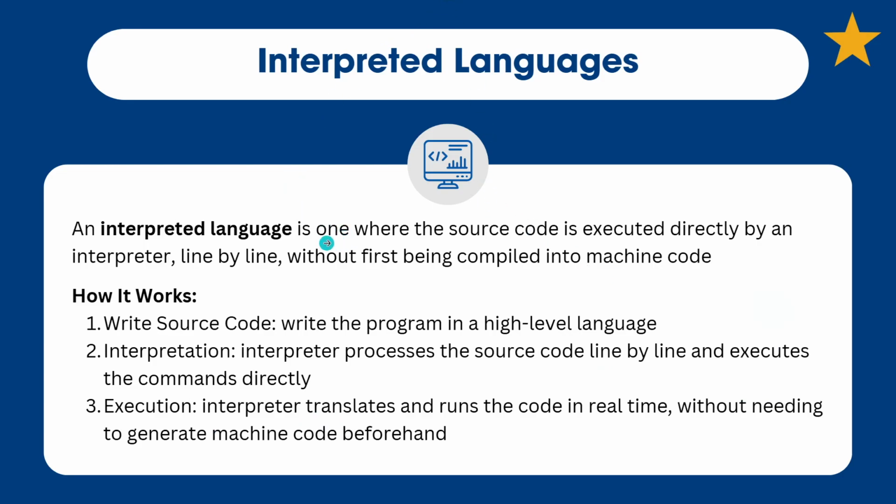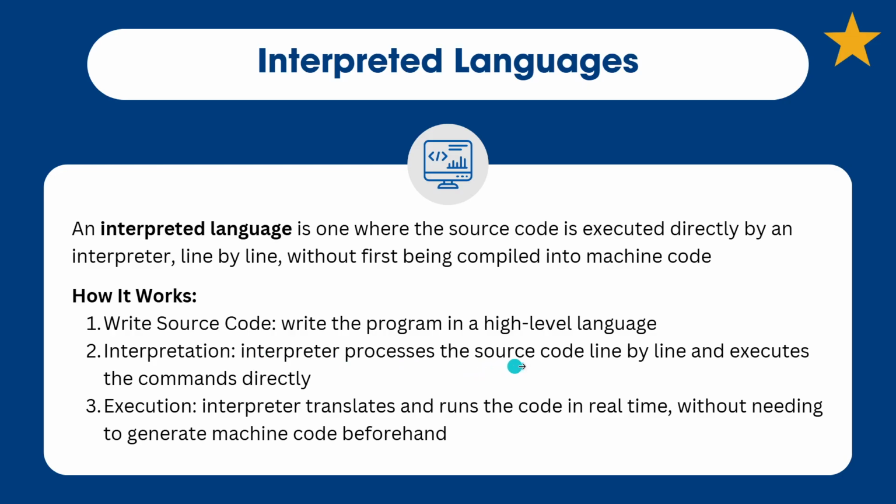Now, interpreted languages. That's one where the source code is executed directly by an interpreter, line by line, without first being compiled into machine code. So let's look at the steps and how they differ. First, you write the program in your high-level language, so that's the same as the previous compiled language. Now, this is different: the interpretation step.